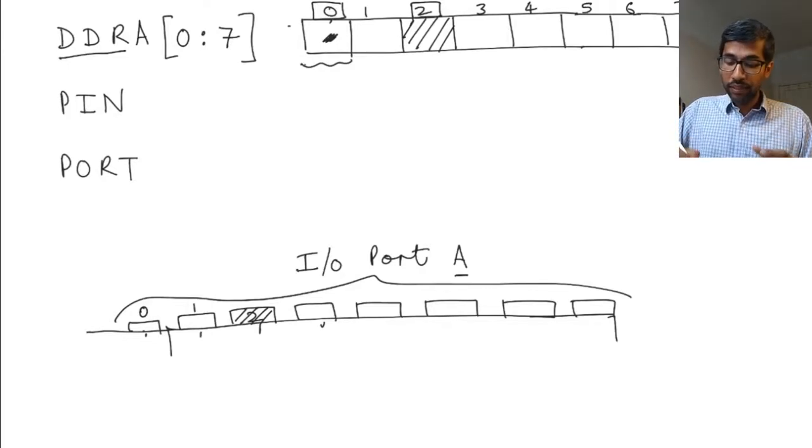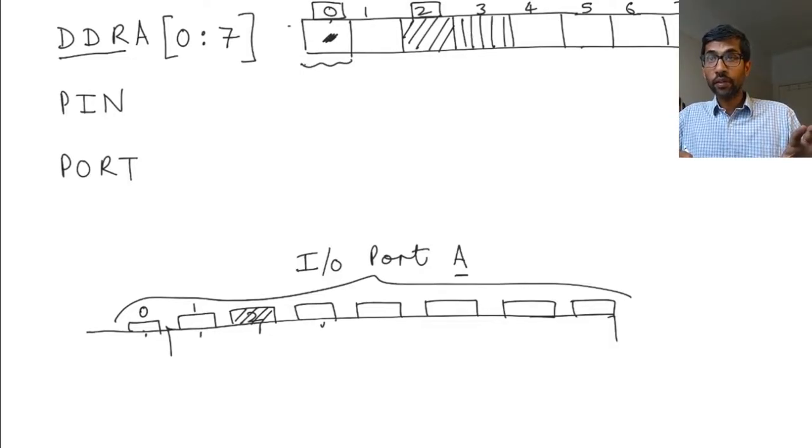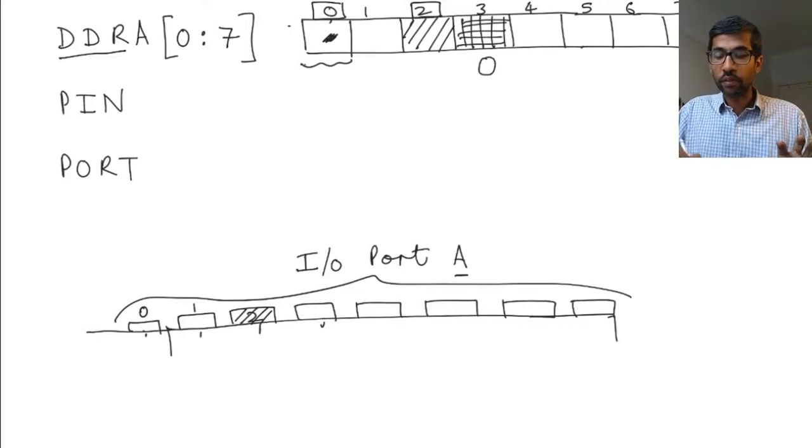Similarly, if you set, let's say, pin 3 here as an input, you are setting this register bit to 0, which is the setting for making an input output pin an input. So which pin is going to become an input? The third pin, this pin.